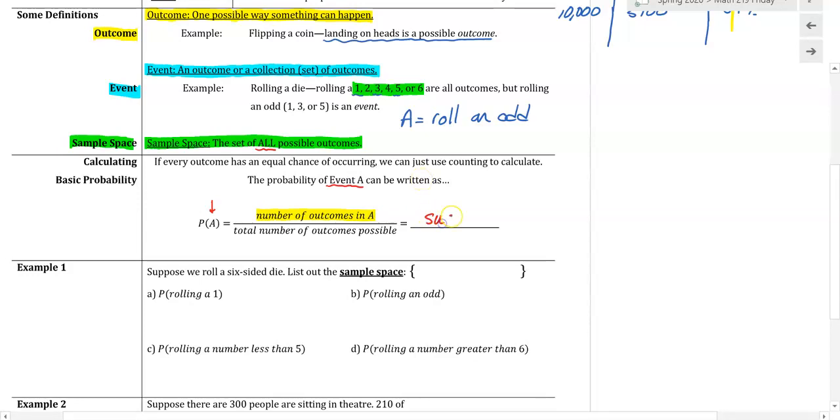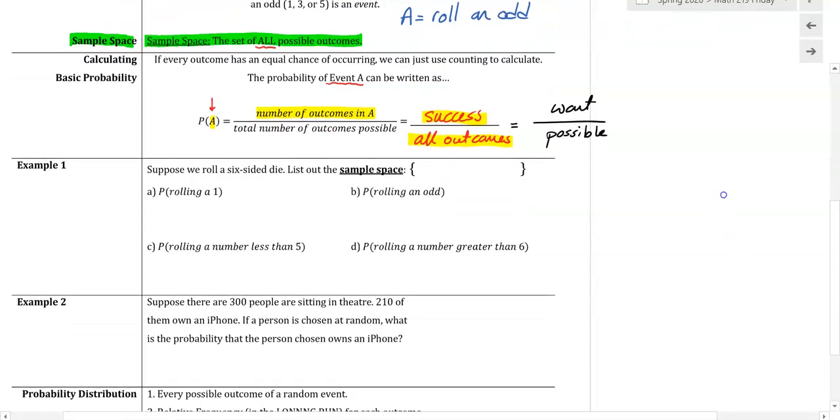So I would say success over the total number of outcomes that are possible. So I just divide it by all outcomes. Some people say it differently. They say, it's what we want over what's possible. You find a way to say it to yourself to remember that probability is, again, the way I say it, it's the total number of ways I can achieve success at that event divided by all the possible outcomes that I could have done.